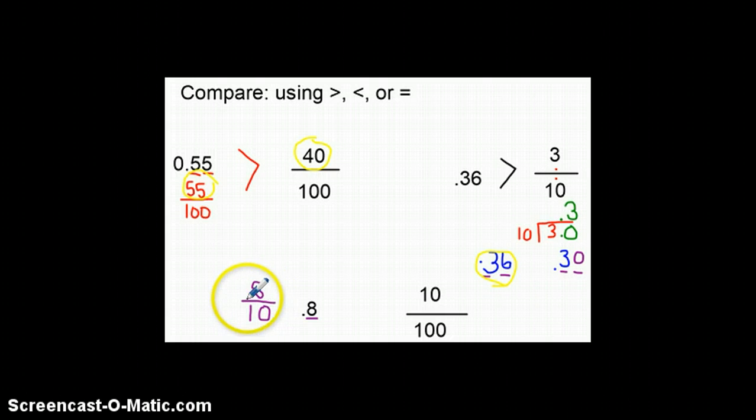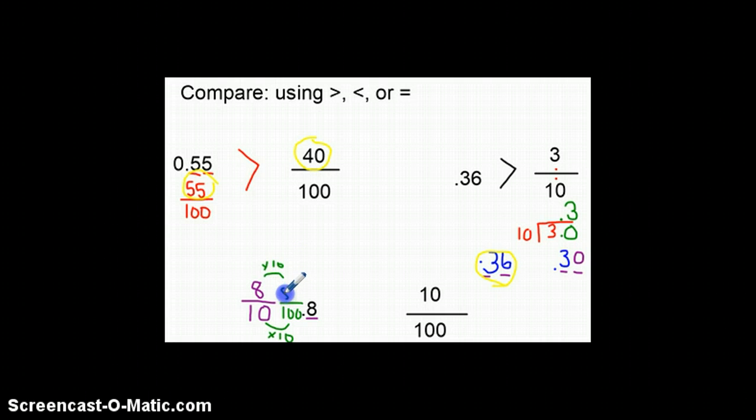You should notice 10 and 100 are different. They're not the same denominators. So we're going to have to take that 10 and make it into 100. Okay, so we are going to scale up to 100. How do we go from 10 to 100? We multiplied by 10. So we're going to have to scale up by multiplying 10 up here.